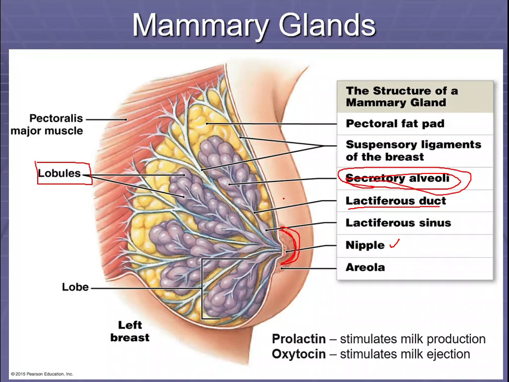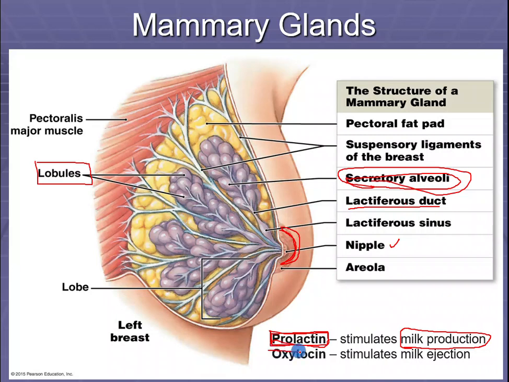So let's talk about some hormonal control of milk production in the mammary gland. So remember this hormone, prolactin. Prolactin is responsible for milk production. Without it, the mammary glands will not produce milk.